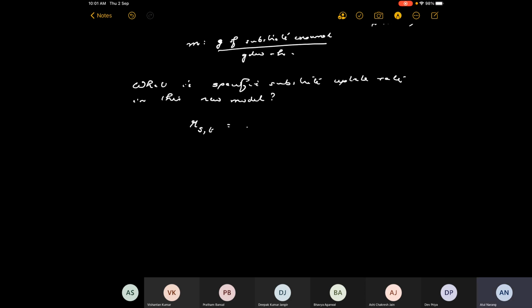Is equal to the RS which you were using originally. I'll just keep it RS for growth, plus, or maybe I should introduce new notation here.